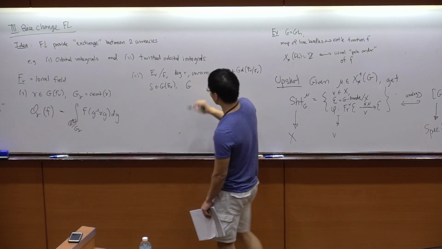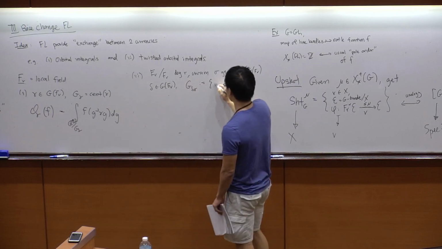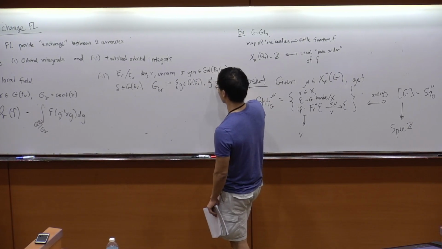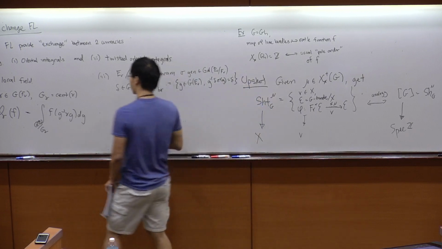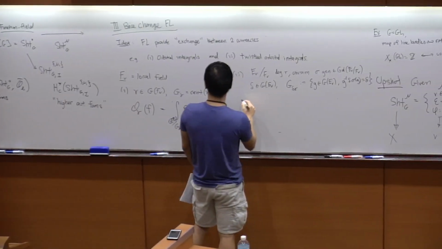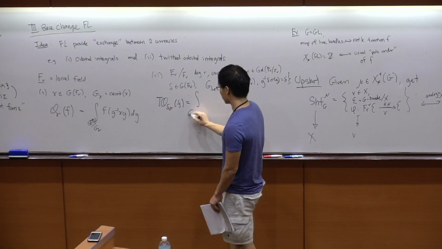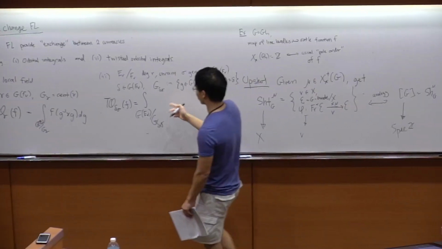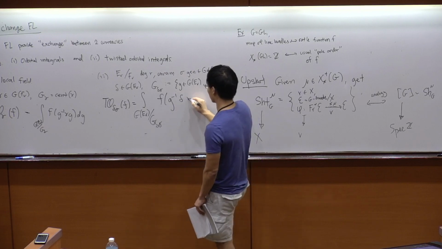And I'm going to let G_{delta sigma} be the twisted centralizer, meaning the set of g such that g^{-1} delta sigma(g) is delta again. And now the twisted orbital integral is just the integral of a function over a twisted orbit. So TO_{delta sigma}(f) is the integral over G(E) mod G_{delta sigma}, this is the orbit of delta, of f(g^{-1} delta sigma(g)).